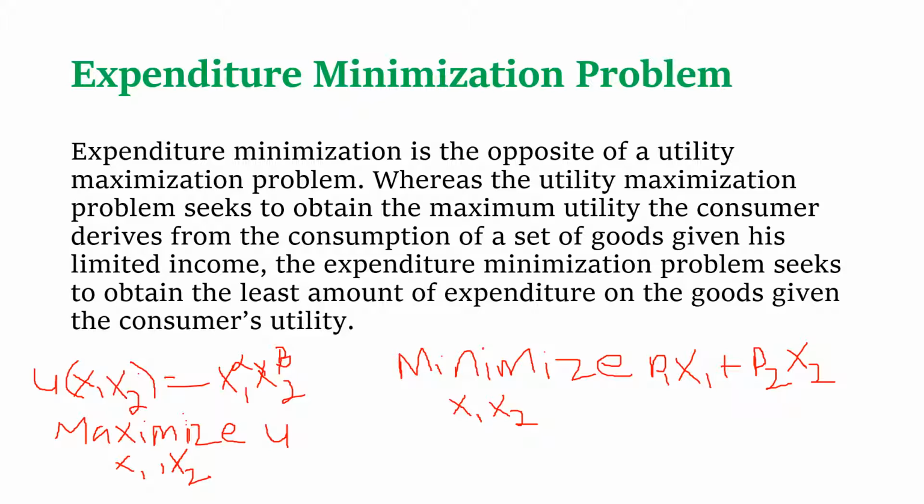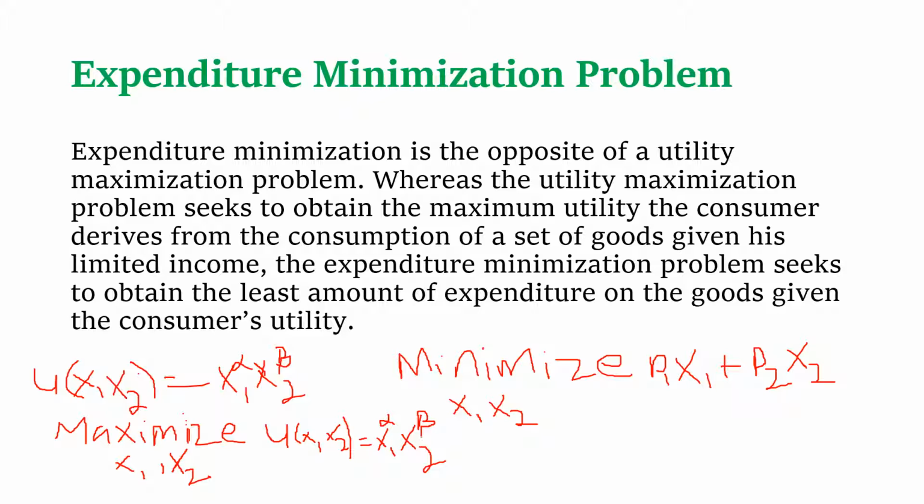U of x1, x2, equals to what? X1 to the alpha, and then X2 to the beta.